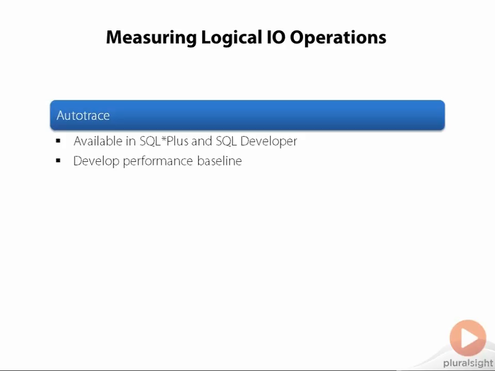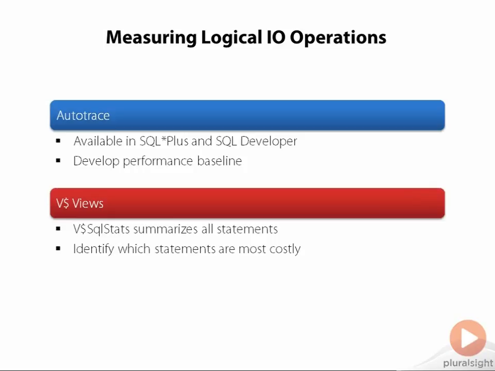Every time Oracle executes a statement, Oracle will also keep detailed statistics of the execution of that statement. And these statistics are summarized and available to you in a series of views known as the V$ views. Most notable for us is the V$SQLSTATS view. By querying data from this view, we can easily see what statements in the database are performing the most logical I/Os on average, and then target these statements for performance tuning.